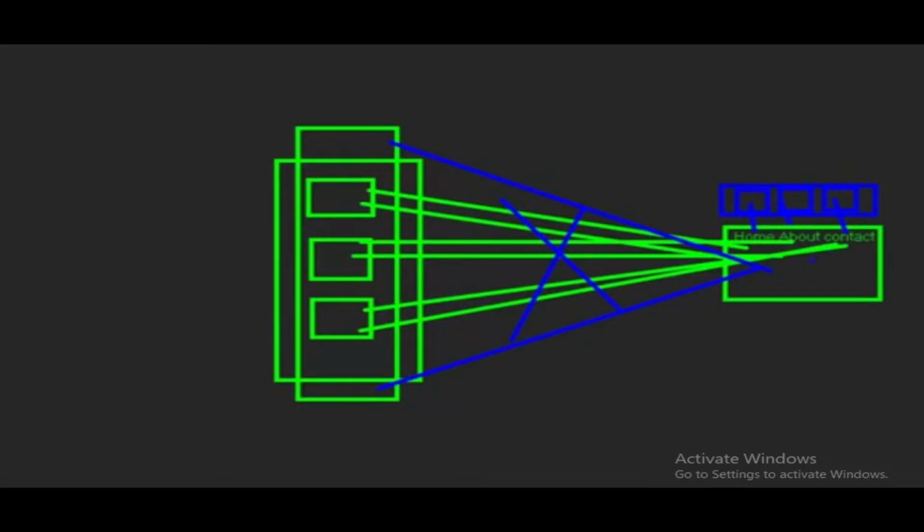Every time the browser is not reloading; the same browser which was opened at the very beginning displays the content of about us, contact us, like that. That is the procedure.